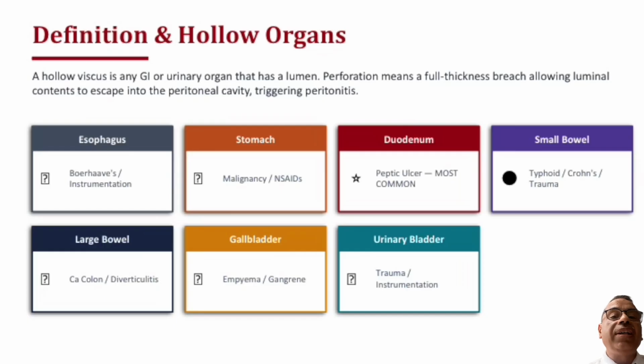vomiting. Now, what it does is it causes a typical triad which is known as Mackler's triad. Now, what exactly does this triad consist of? It consists of persistent vomiting, which generally precedes the Boerhaave syndrome. This is followed by the perforation of the esophagus leading to escape of the contents into the mediastinum.